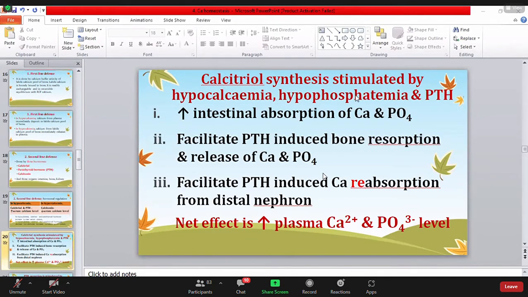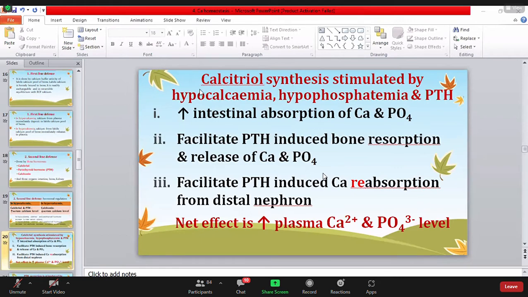Hypophosphatemia means decreased phosphate concentration in blood. And PTH means parathyroid hormone. When our serum calcium and phosphate decrease, they stimulate calcitriol synthesis. And parathyroid hormone itself also stimulates calcitriol synthesis.